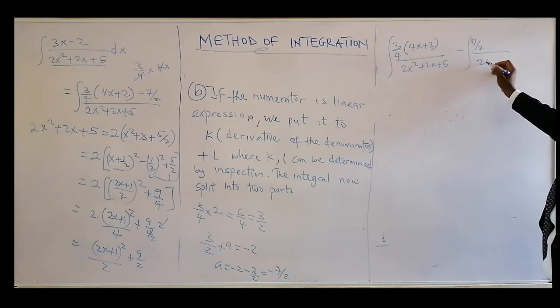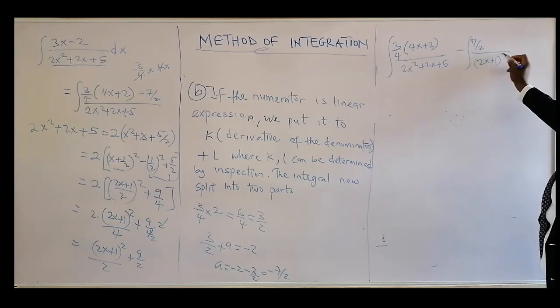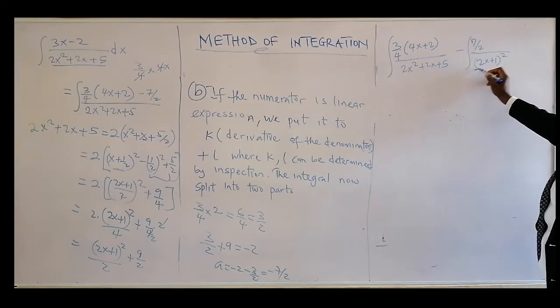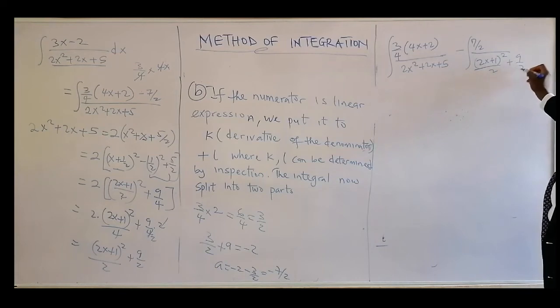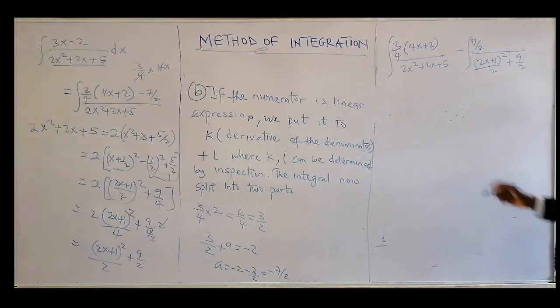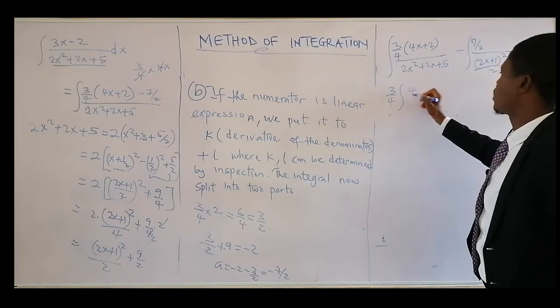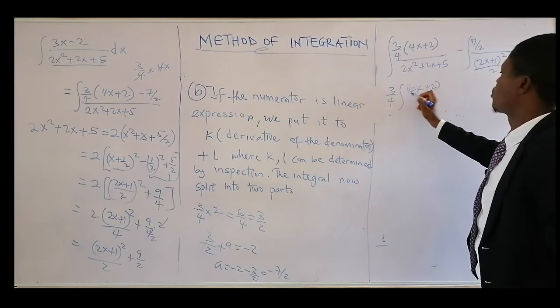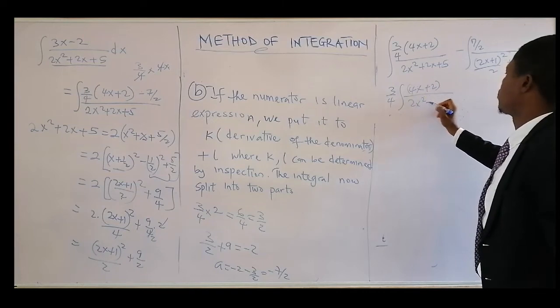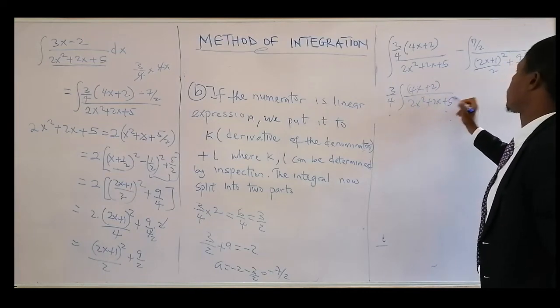That's 2x plus 1 all squared over 2 plus 9 over 2. Okay, this 3 over 4 can come outside. That's 3 over 4 integral of 4x plus 2 all over 2x squared plus 2x plus 5.